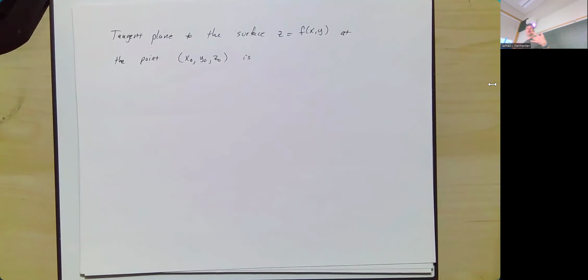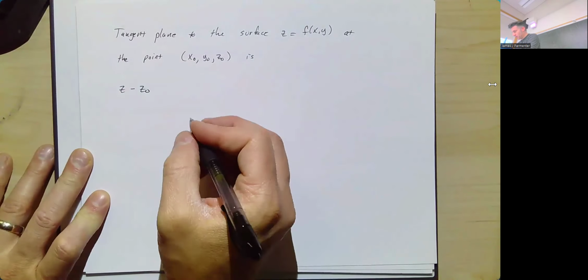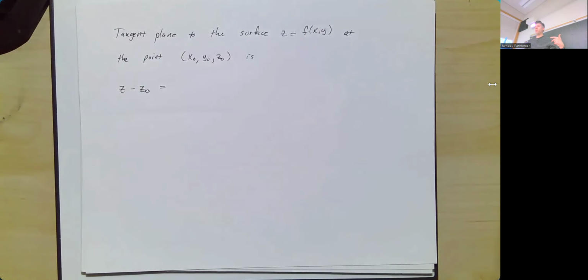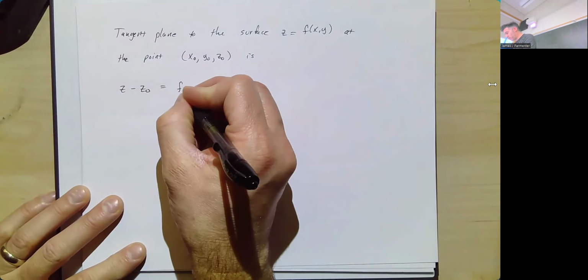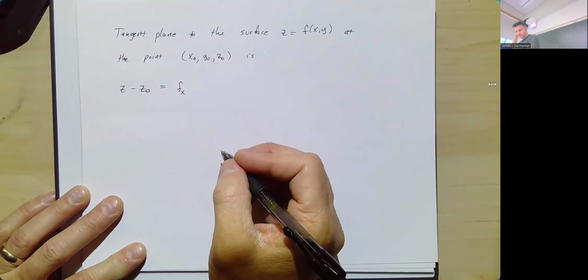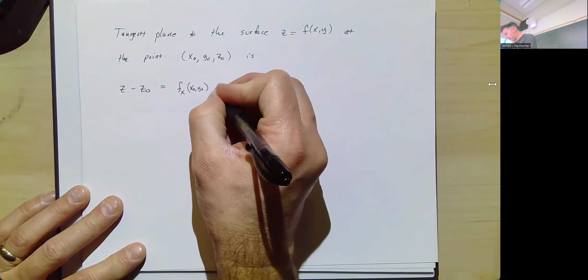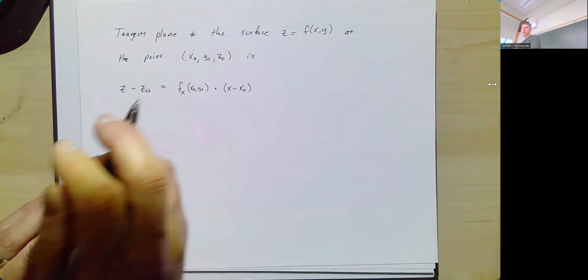So now z is the function thing instead of y. So it's going to be z minus the z coordinate equal to, there's not just one slope anymore though, right? It's not just f prime of x times x minus x naught. It's going to be the partial derivative with respect to x evaluated at the point x naught, y naught, times x minus the x coordinate, x naught.